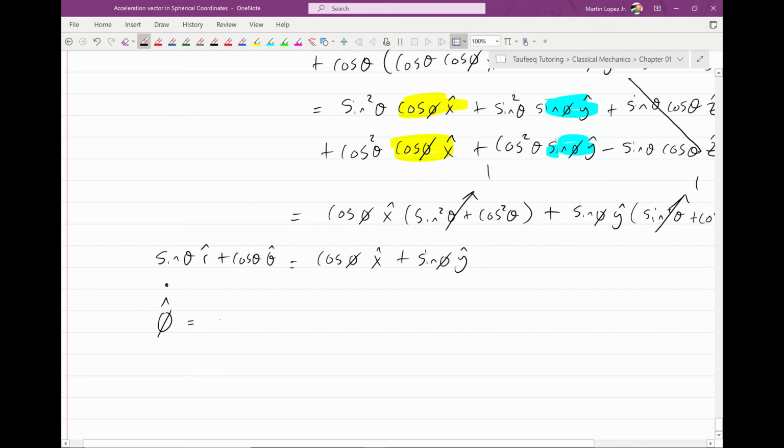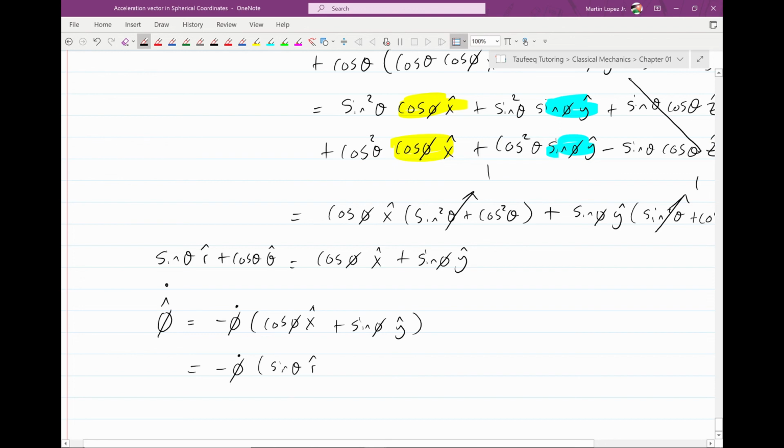What were we solving for? We were solving for phi hat dot. And that was negative phi dot times cosine phi x hat plus sine phi y hat.